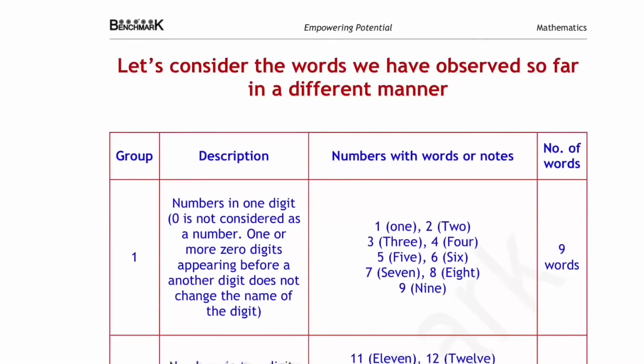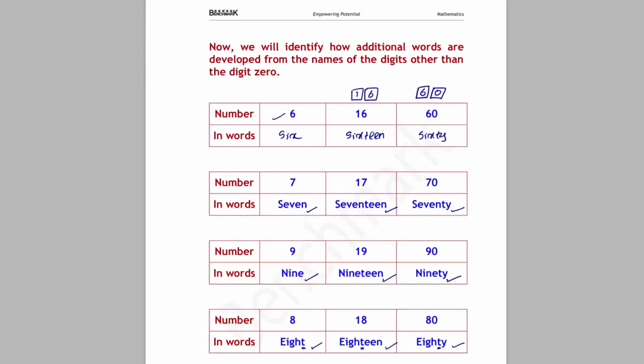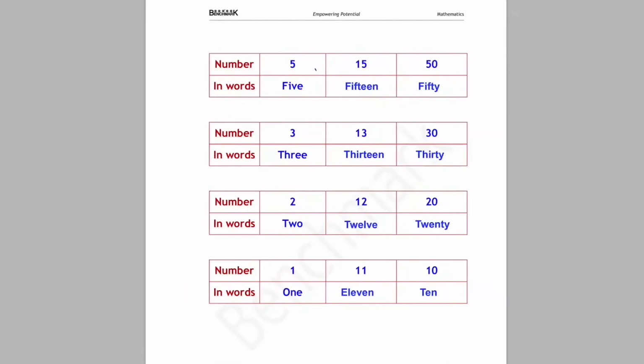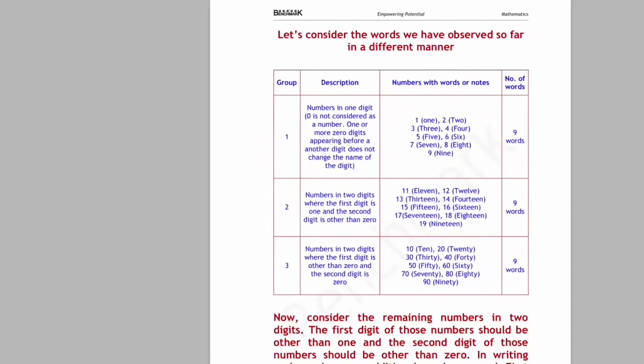Let's consider the words that we have identified so far in a different manner. We can group them in the following way. We can identify numbers in 1 digit.